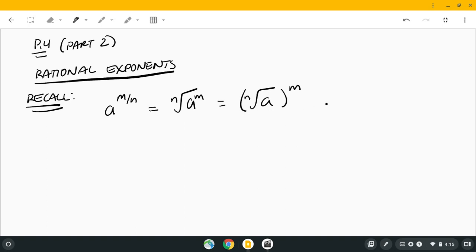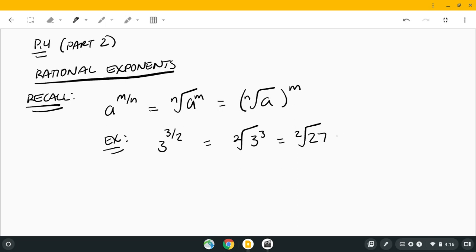And for example, maybe you have this 3 to the 3 halves. Again, this bottom number tells you what kind of radical you're taking. So this tells me I'm taking the square root. So I am taking the square root of 3 cubed, and so this is like saying you are taking the square root of 27.